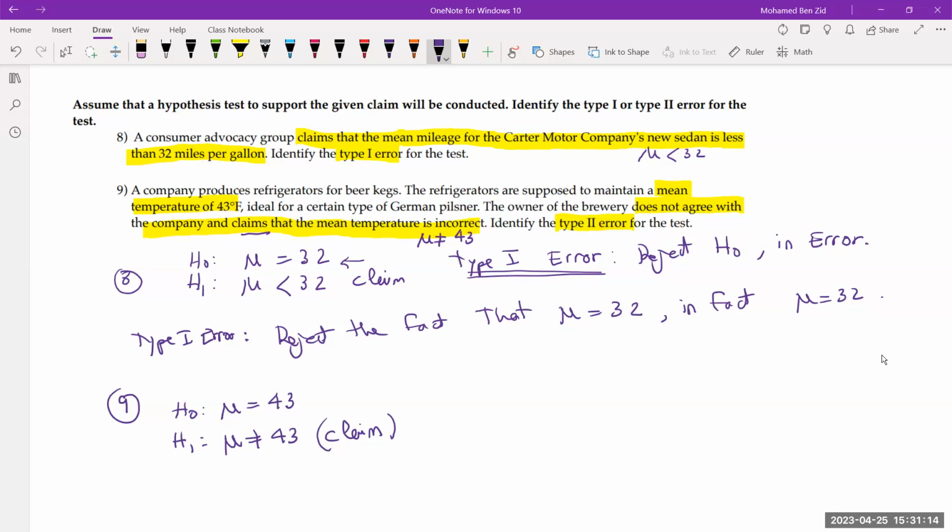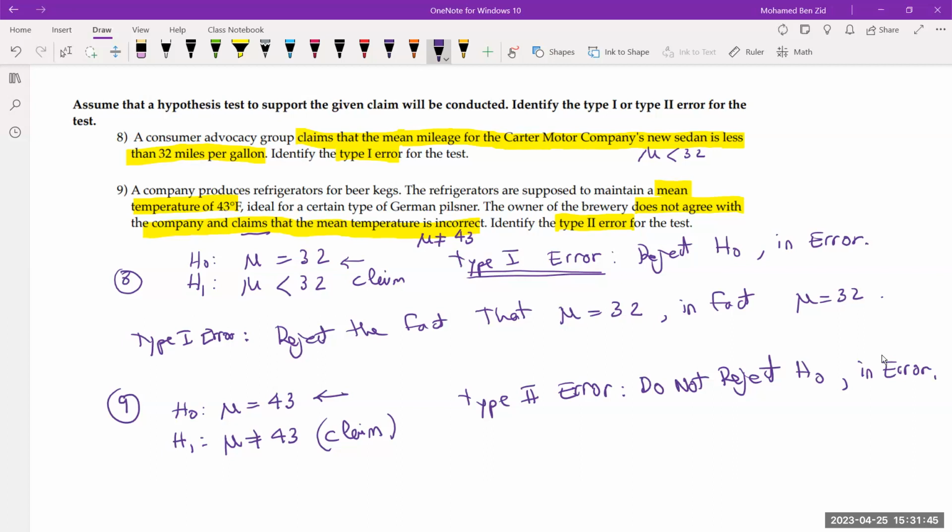So what is type 2 error right now? Type 2 error is do not reject H0, and that is in error again. So you are making a mistake by not rejecting it. You should have rejected it, but you are not rejecting it. So for this case, the H0 is right here.